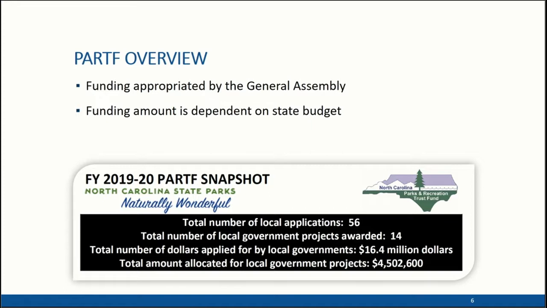So a total of 14 grants were awarded. This indicates that this is a very competitive process, so we want to help you develop a competitive grant. But keep in mind, depending on the amount of money appropriated, there are a lot of great projects, and we're certainly not able to fund all of them based on the current amount allocated.